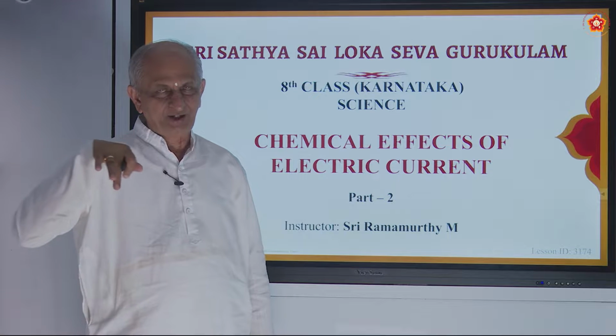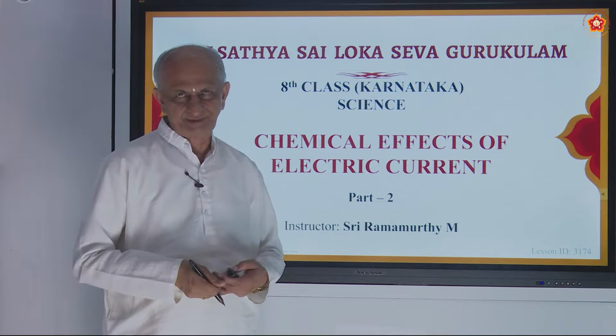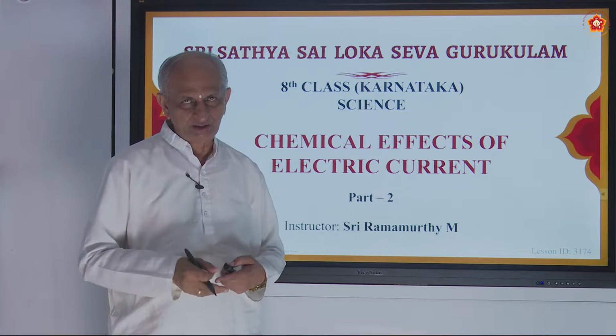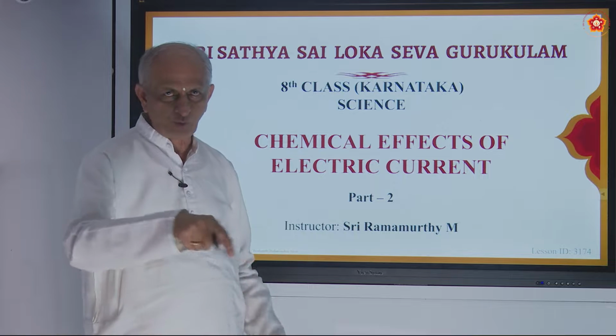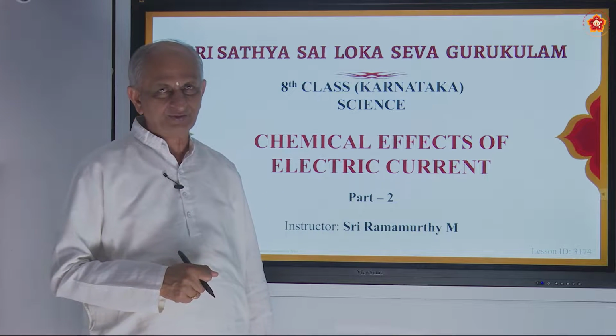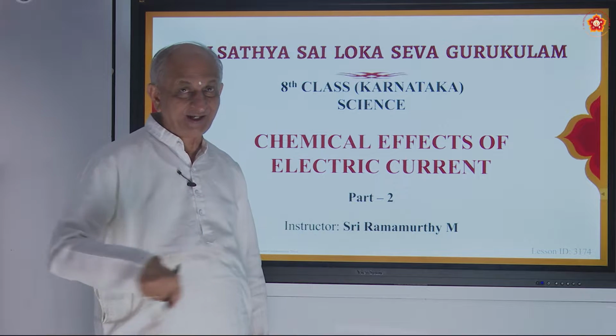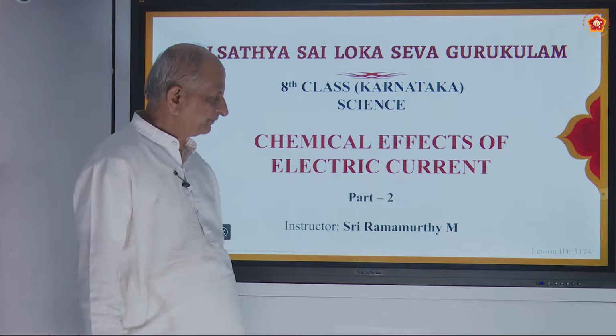When the current is passed through some bodies, it gets heated up. Say maybe a coil, boiler, in the boiler the coil, or in the oven the coil, the tester, all those, correct? Iron box, a very good example of heating effect.